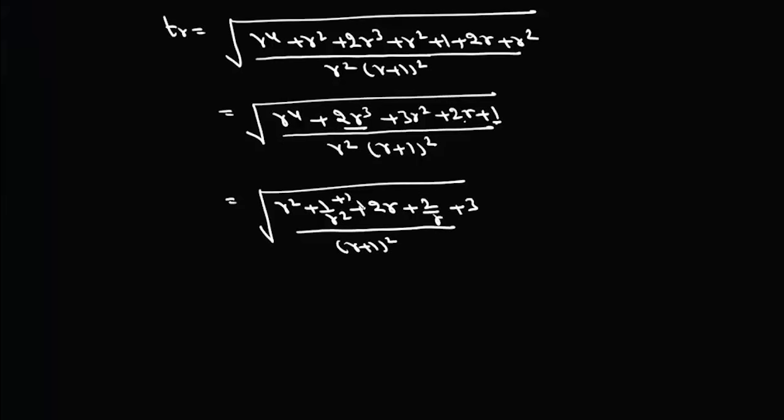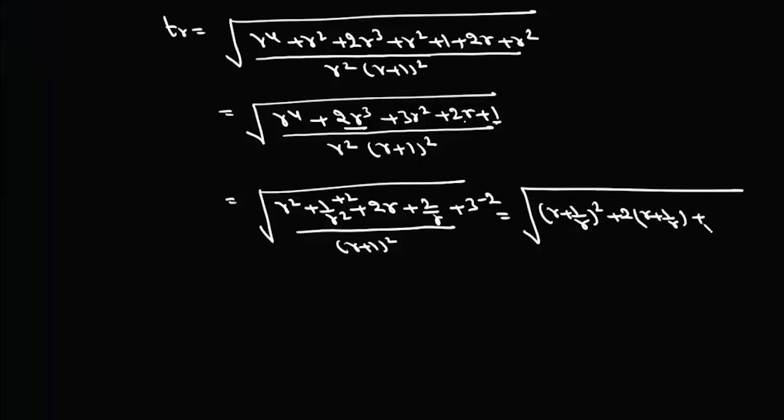Now what we'll do is we'll add 2 and we'll subtract 2, so we can write this as under root of, now this is (r plus 1 upon r) whole square plus 2 (r plus 1 upon r) plus 1 upon (r plus 1) whole square.